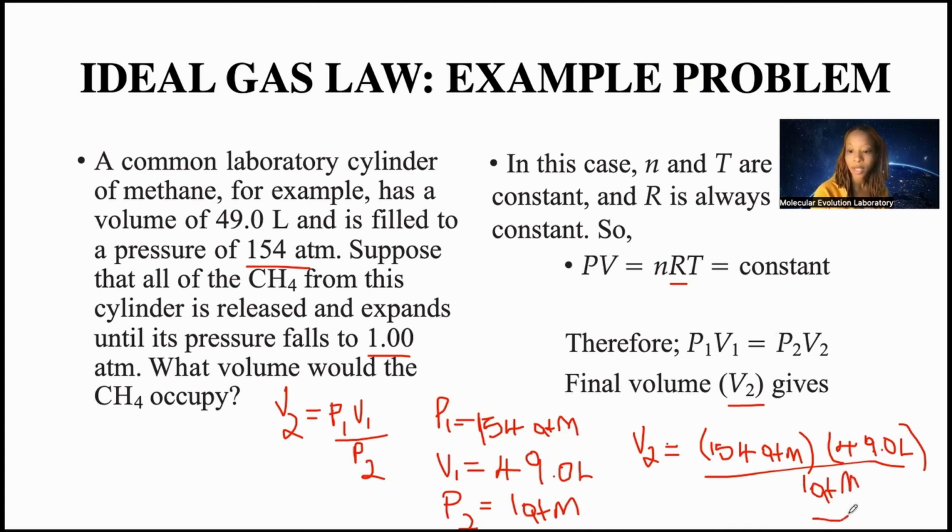So this basically gives us 7,546 liters. So the volume that methane would occupy would be 7,546 liters. So the pressure falls by 154 atmospheres, which basically means that it fell to 1. You should have a proportional increase in volume, or an increase of 150 times.